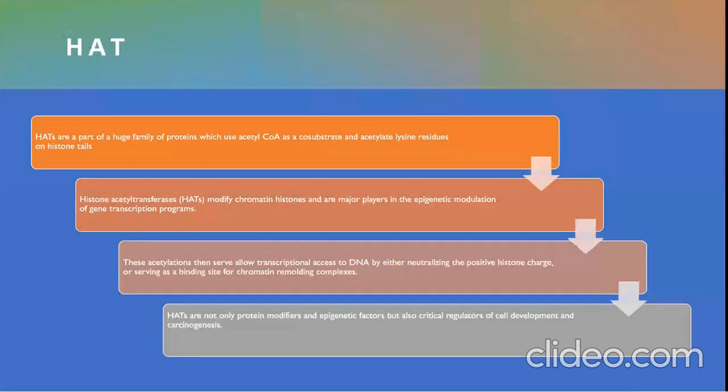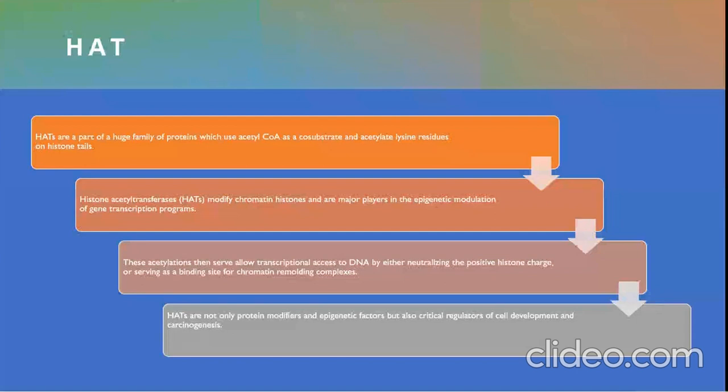The histone acetyltransferases modify the chromatin histones and are the major players of epigenetic modulation of gene transcription programs. So what does epigenetic denote? They do not have any direct relation with the genetic code, but rather they involve changes in the structure of DNA and the associated histone proteins.